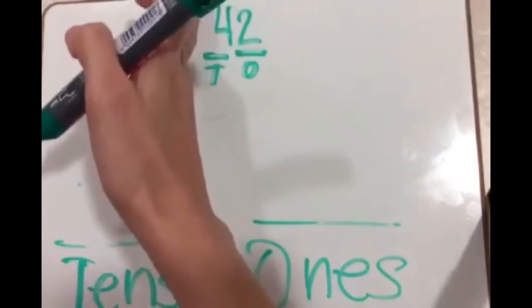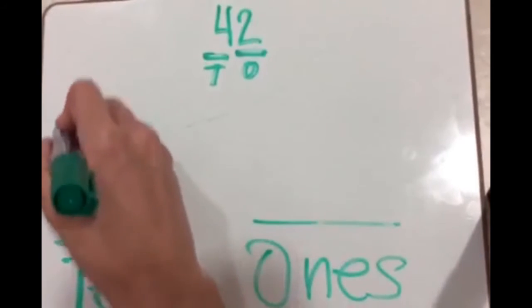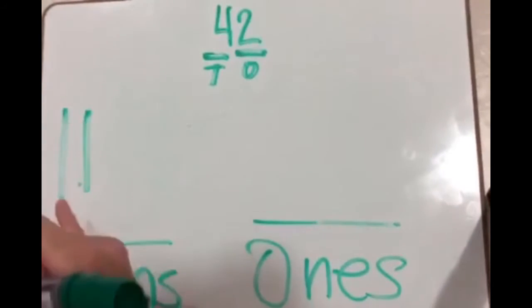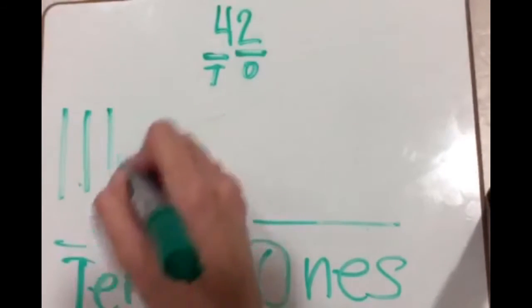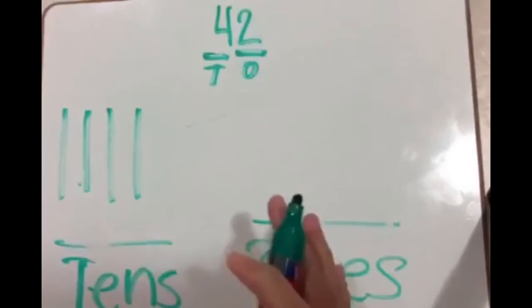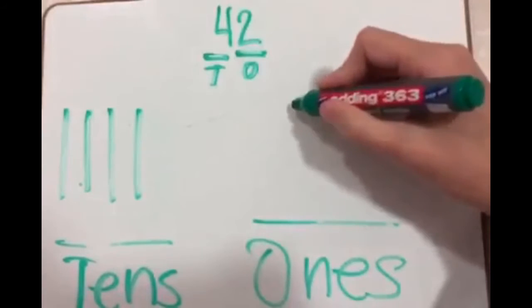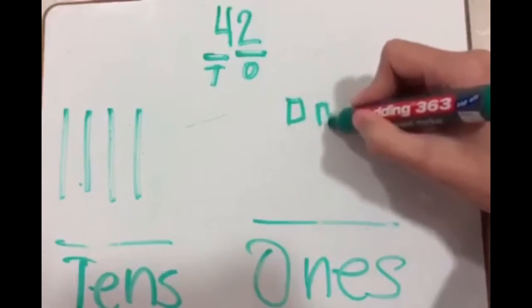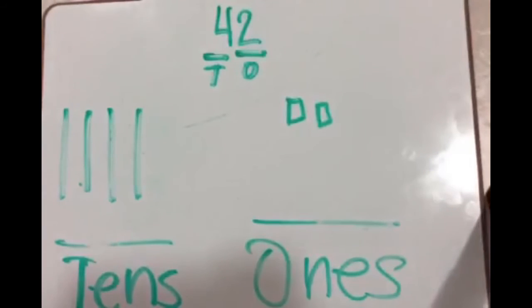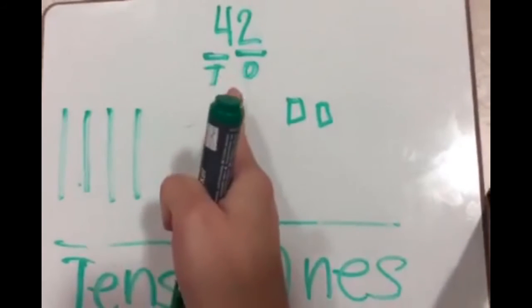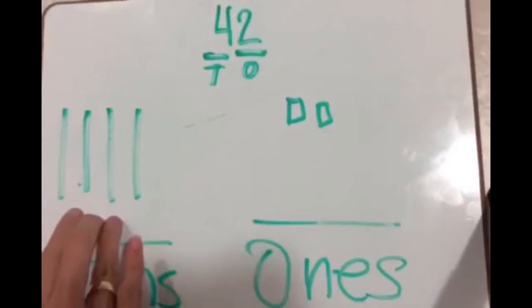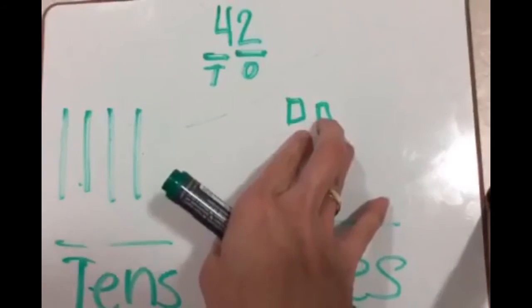So I need to make 4 groups of tens by making sticks. 1 ten, 2 tens, 3 tens, and 4 tens. And for ones, I can just draw one little box to represent it. 1, 2. So 42 is made of 4 groups of tens and 2 ones.